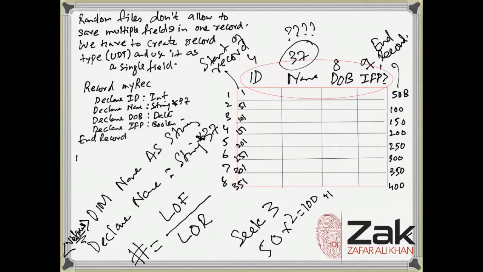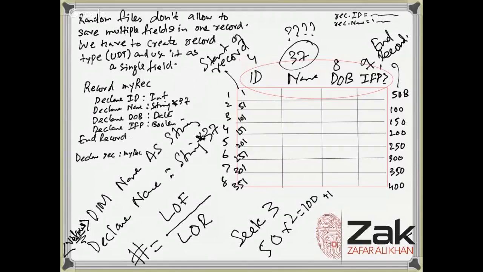Now I would like to declare that variable. Declare record as my record. What is this my record? This is this type, data type. And then I will save this my record to the file. Now, how will I use this my record? I'll use it like this: record.id is equal to this.